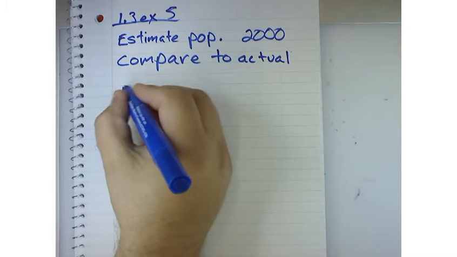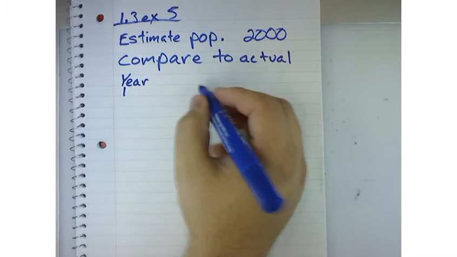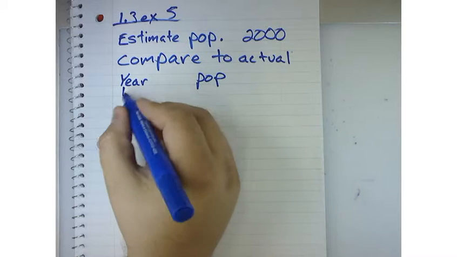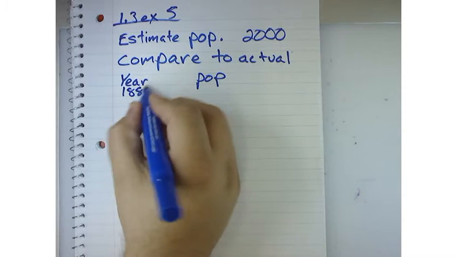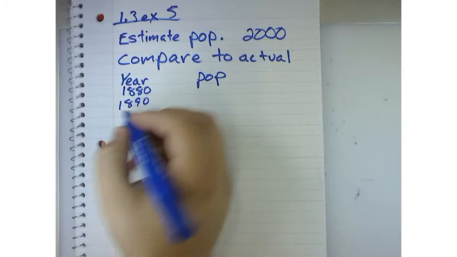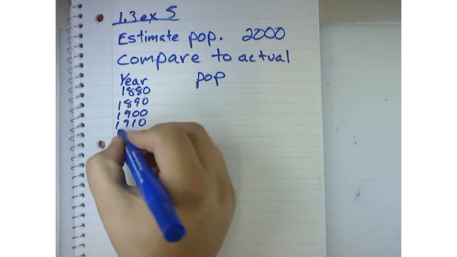So it's the year, and then they have the population. And it's a whole bunch of numbers. So it's like 1880, 1890, 1900, 1910. So every 10 years.